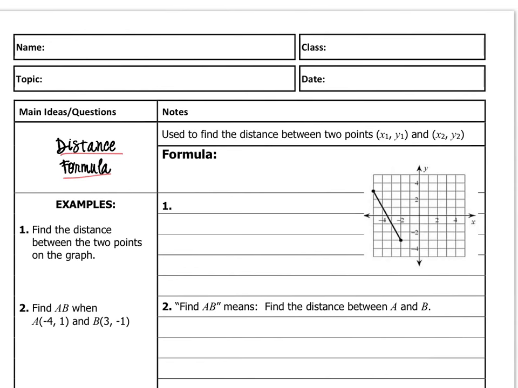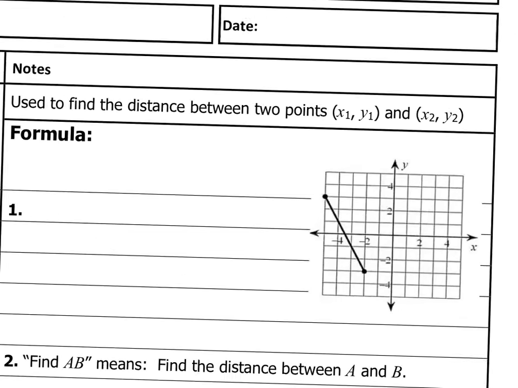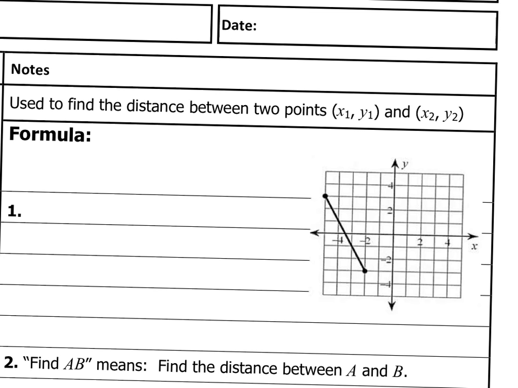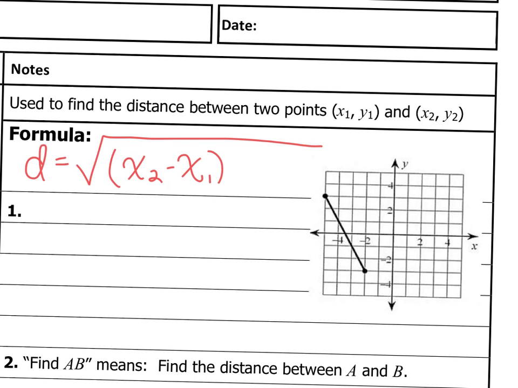The formula is d equals the square root of x sub 2 minus x sub 1 squared plus y sub 2 minus y sub 1 squared.